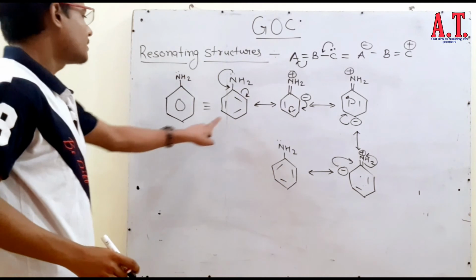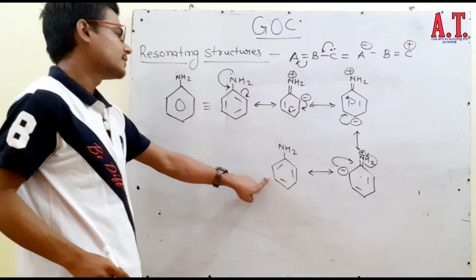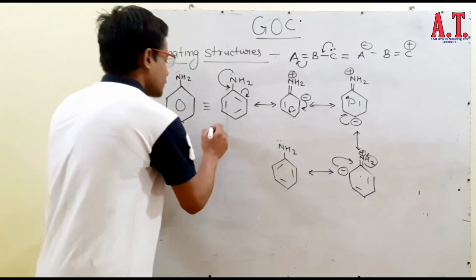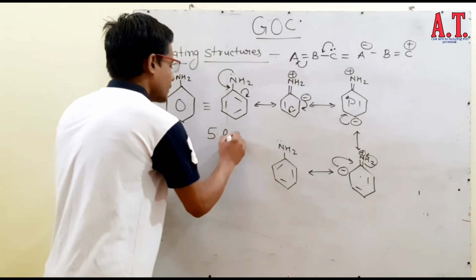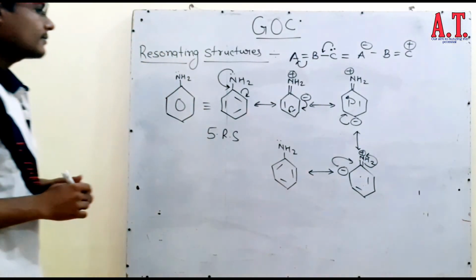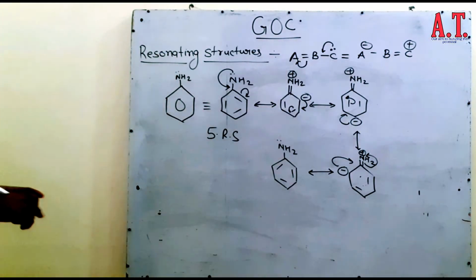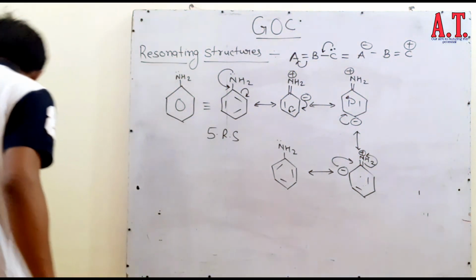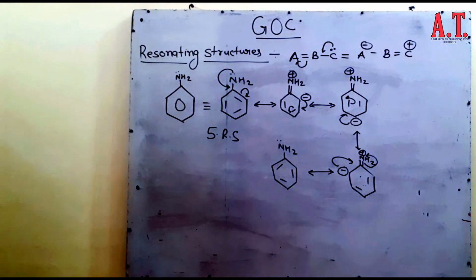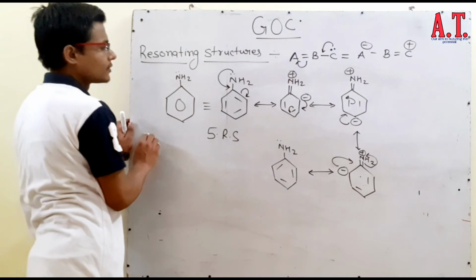Here also you can see the orientation of pi bonds is changed. There are 5 resonating structures. So this is all about how you can draw the resonating structures.